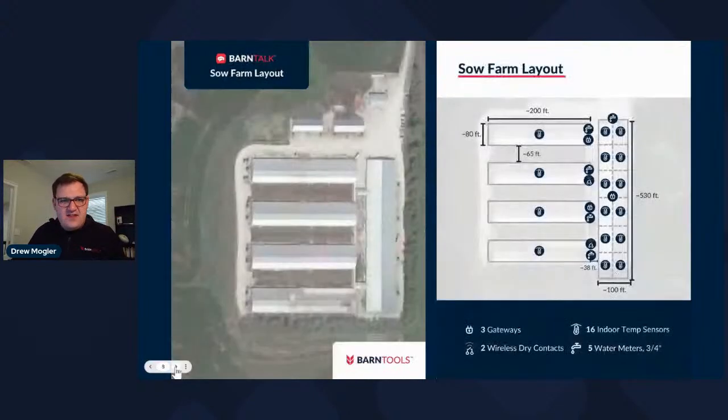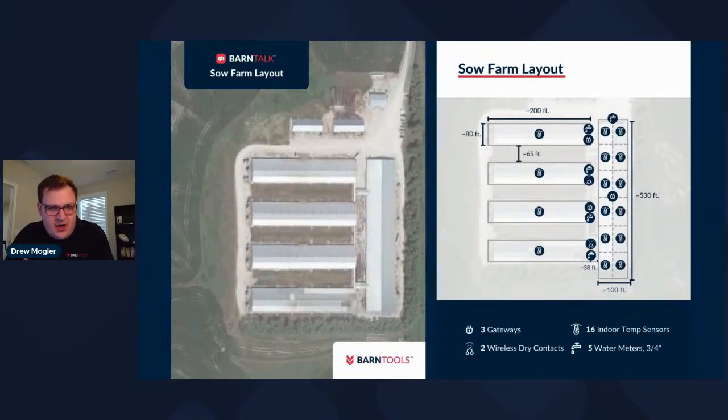So if we look at this next layout, this would be a little bit more complex of a layout, like a sow farm, for example. So in this particular instance, we have 5 total buildings that we're going to be monitoring. So this long building here that's running north and south, that would appear to be where our farrowing rooms are located.